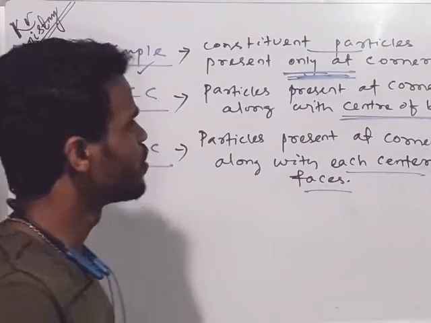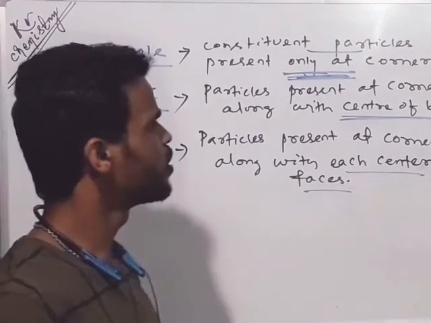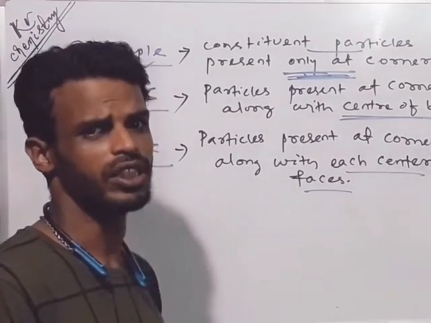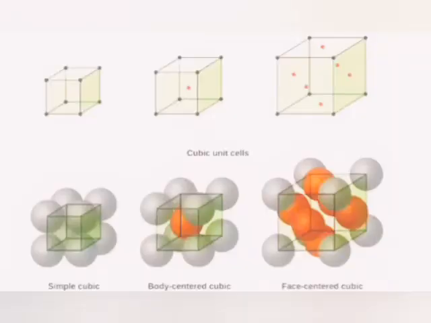You can see some of the diagrams I have given in the video. See this diagram, as I told you before, the total structure of the unit cell and the types of unit cell. These are three types of unit cell here.